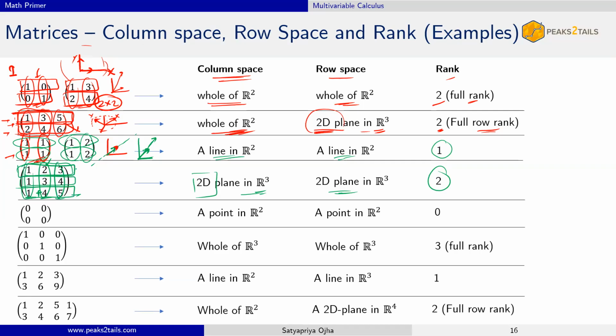If you do this plus this and then divide by 2, so 0.5 times the first row plus 0.5 times the last row is the middle row, right? So anyways, rank is 2. Is this clear, guys? Did you understand this? It doesn't matter, row wise or column wise, the number of linearly independent vectors will be the same if it is a square matrix.